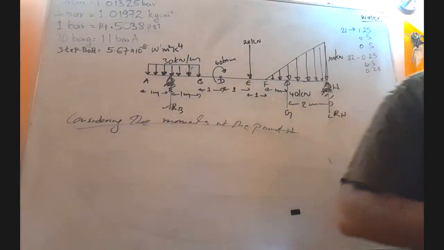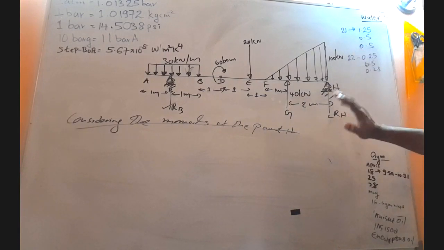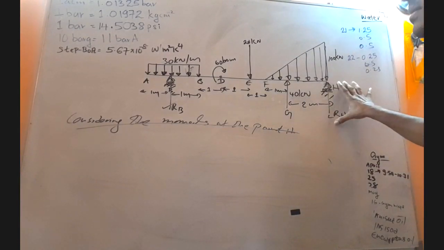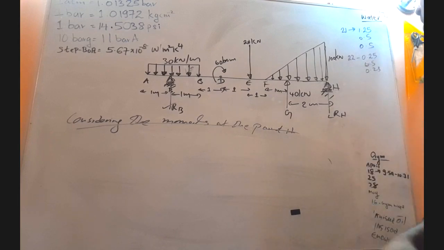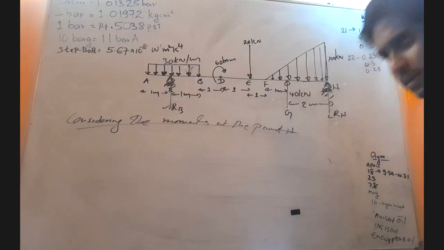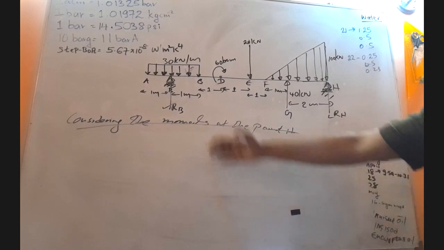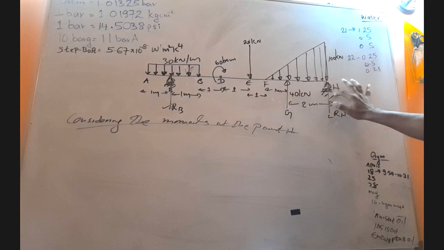Tell me, what is the advantage if you consider moments at this point? Then you do not have to worry about this reaction, right? If you are going to consider moment about this point, then you don't have to worry about this reaction, right?